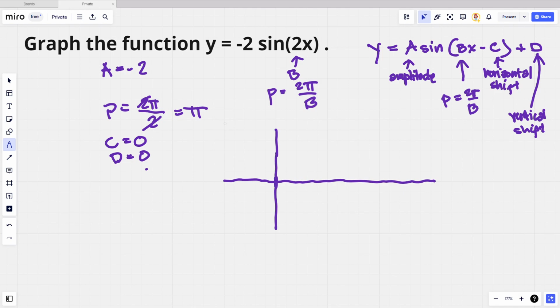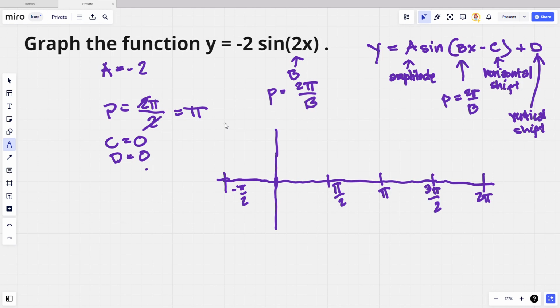So here, this is our pi over 2, and this is our pi, and then this is our 3 pi over 2. This is our 2 pi. And we have -pi over 2. We've labeled already our x coordinates in terms of multiples of pi.